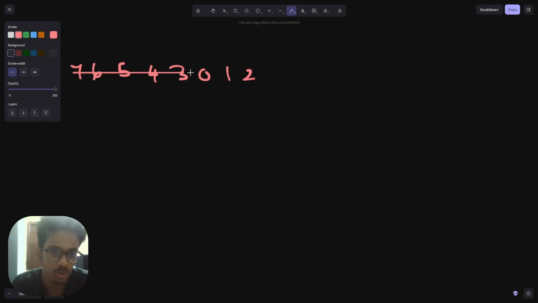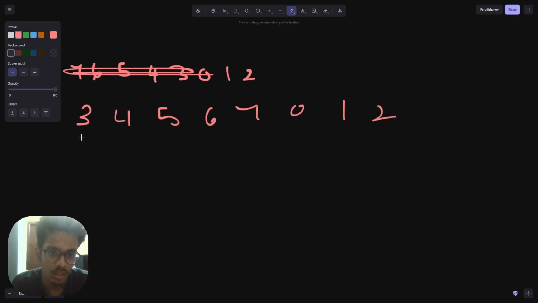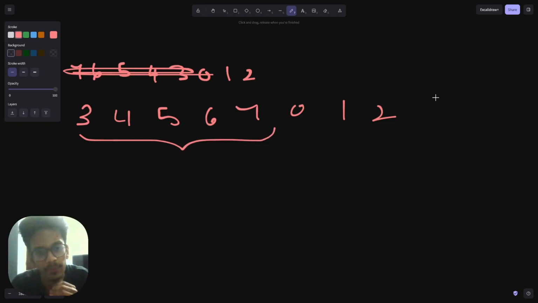No, actually this is wrong. This should be 3 4 5 6 7. Sorry, my bad. 3 4 5 6 7 0 1 2. If it's this way, you are taking these many elements to your left, so these many moves you are making.